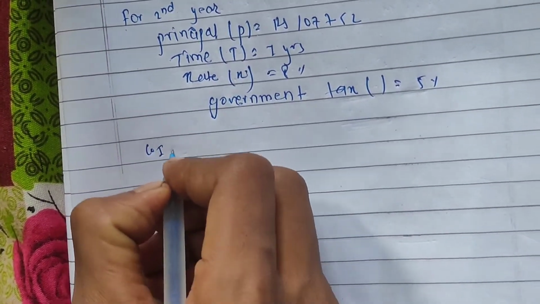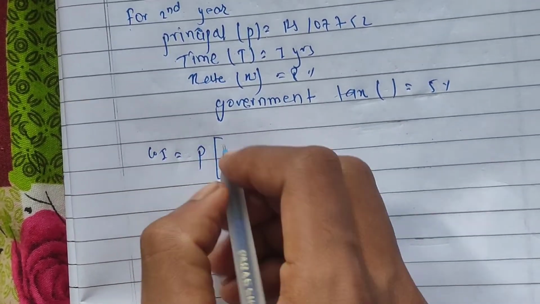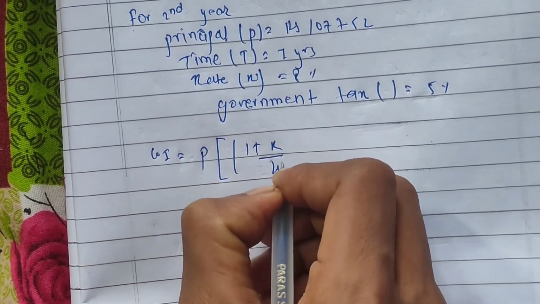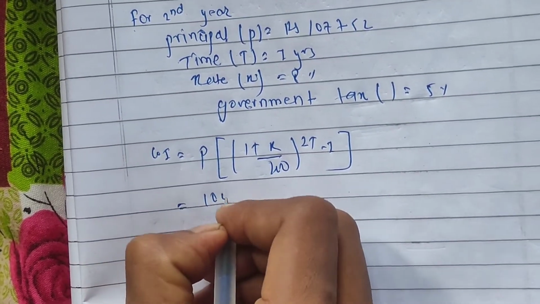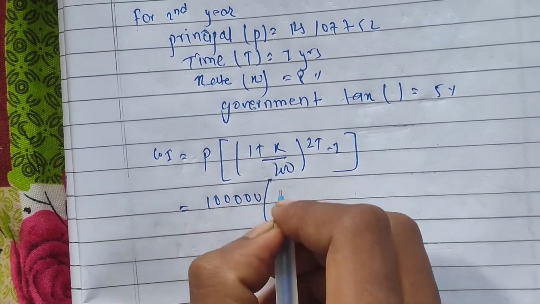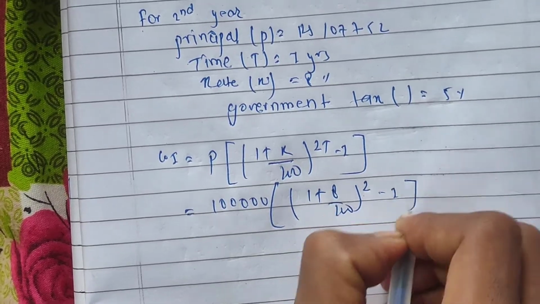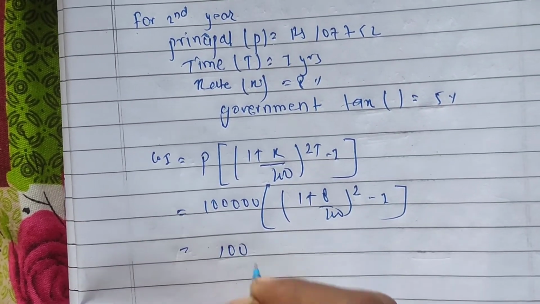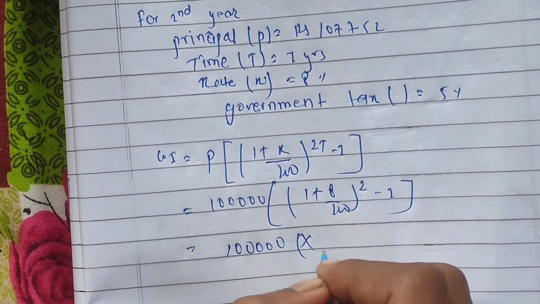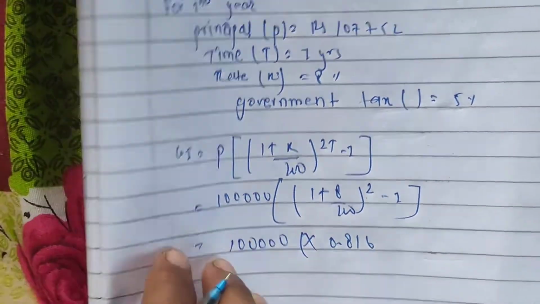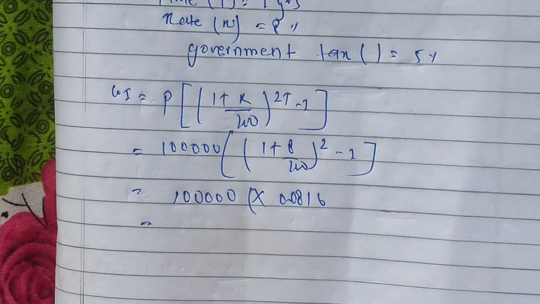Okay, now again we will find the semi-annually compounded interest. So compound interest semi-annually, so what will that be? This will be the formula we noted, 1 plus R by 200 power 2t minus 1. Okay, now again we will solve. 1 plus 8 by 200, simply we'll solve this because we have solved already, so that will be 0.0816.